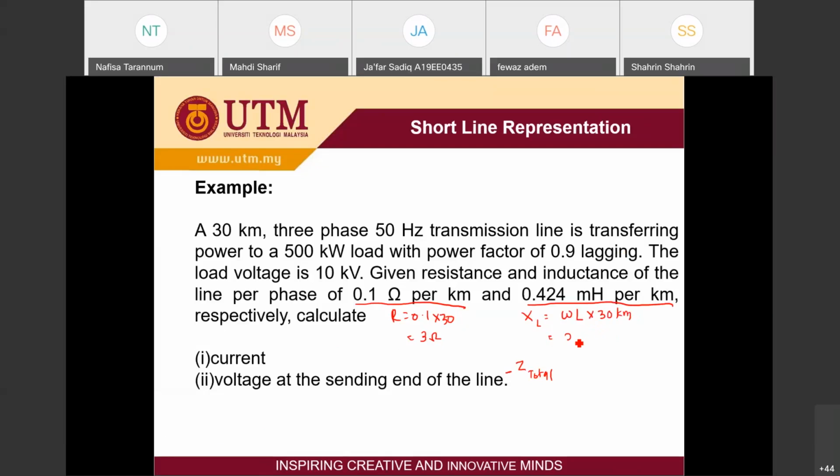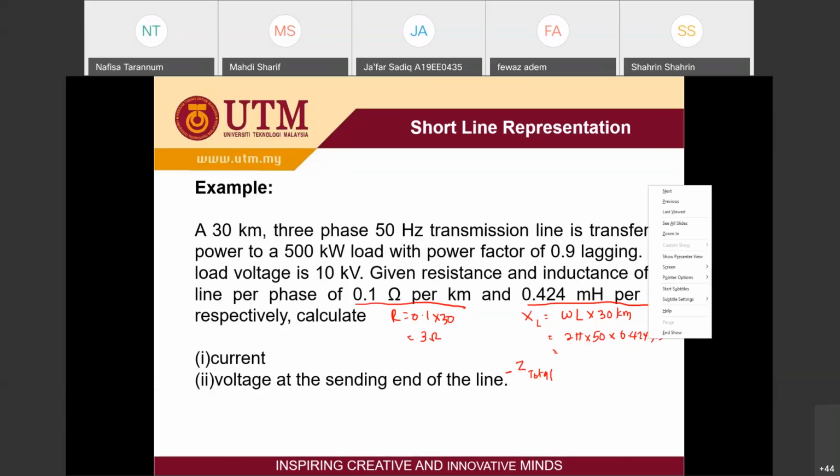Omega is 2 pi times the frequency, times 0.424 millihenry, times 30. So 2 times pi times 50 times 0.424 times 30, it should be milli, so over 1000.